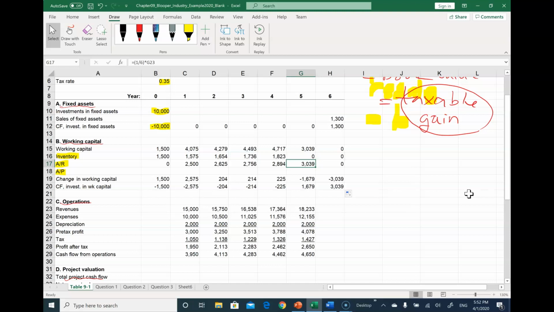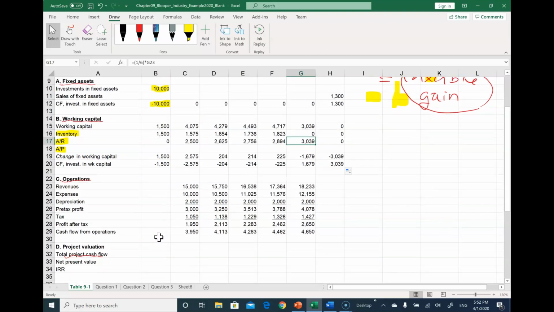So it's very important to include year 6 whenever there is a change in the accounts receivable or the accounts payable. Okay, so now we are all set with the cash flow from investment activity, the cash flow from the investment in the working capital, and the cash flow from the rest of operations. So now all that we have to do is add all three of these cash flows.